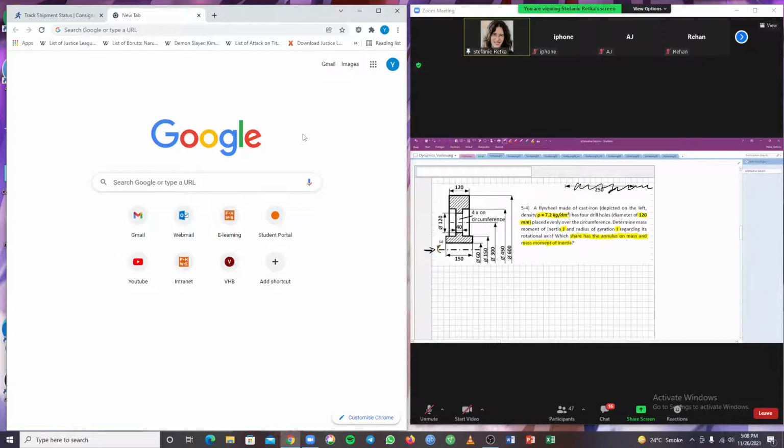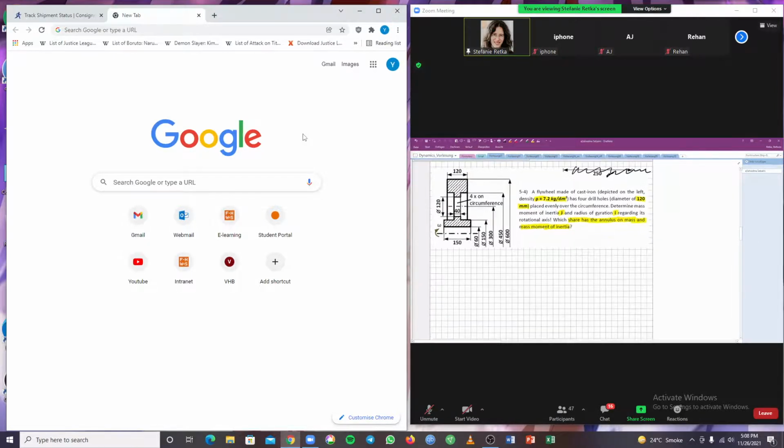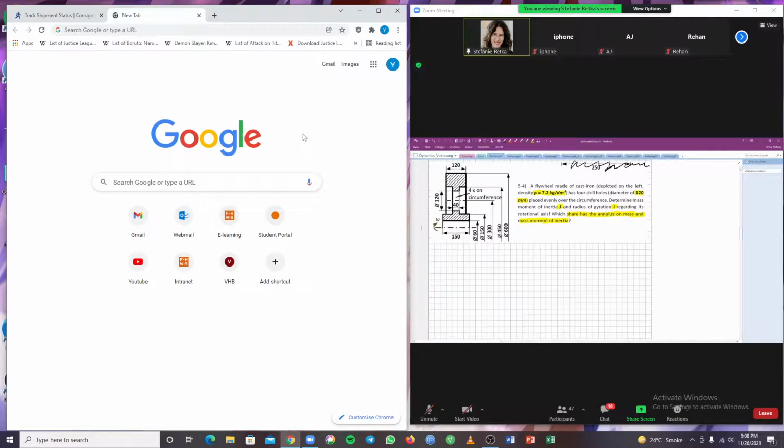So the lower side is identical to the upper side of the system drawn here. Since it usually causes difficulty understanding how the flywheel looks like, I will draw the front view of the entire flywheel.